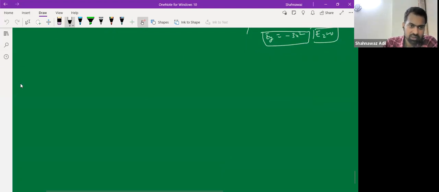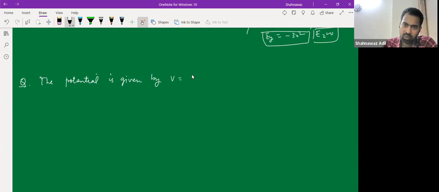Okay, so the next question is that the potential is given by V equals 6xy plus 2xz square, right?